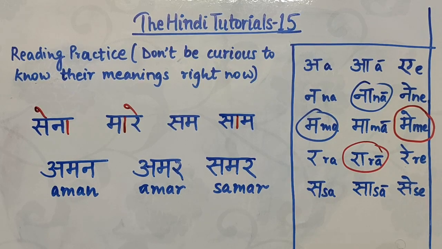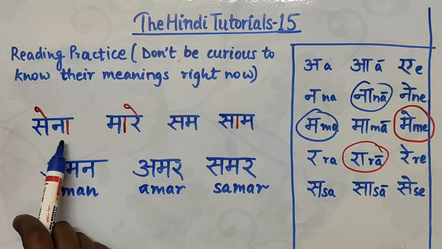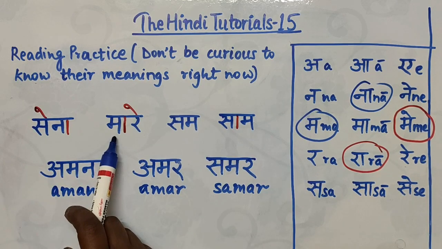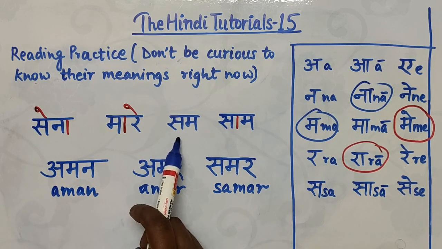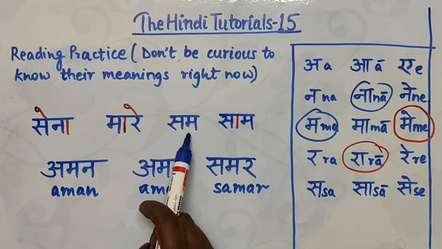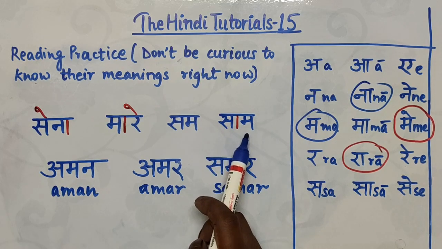Next words are sena, mare, sam. Sa, m, sam.